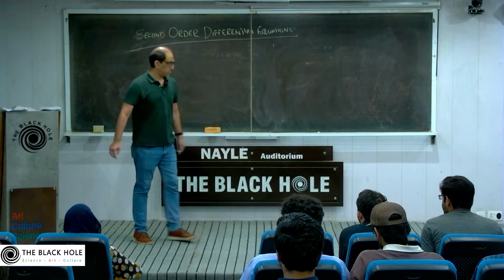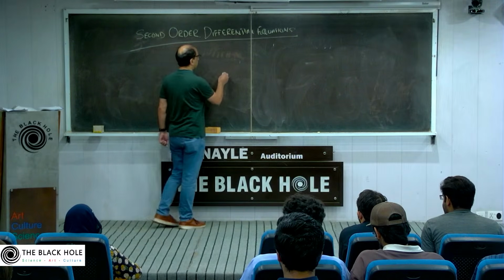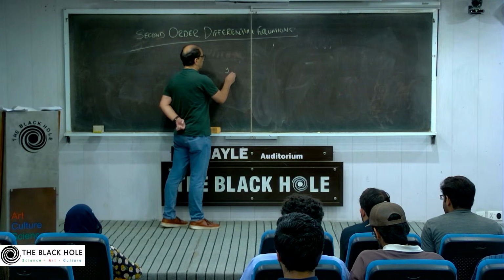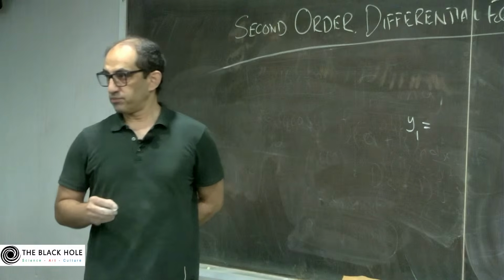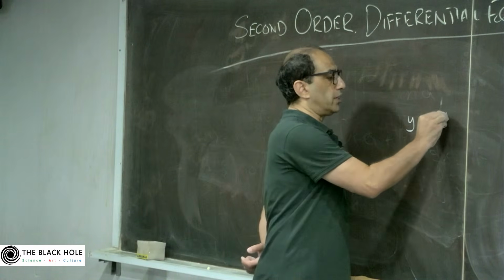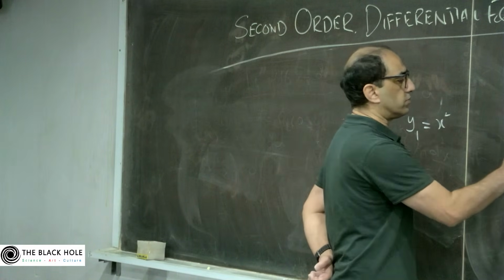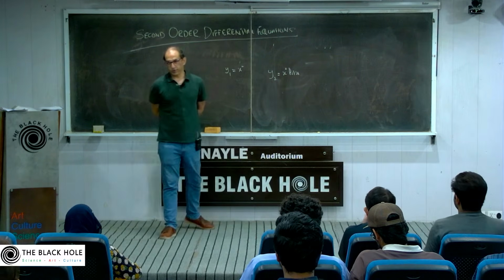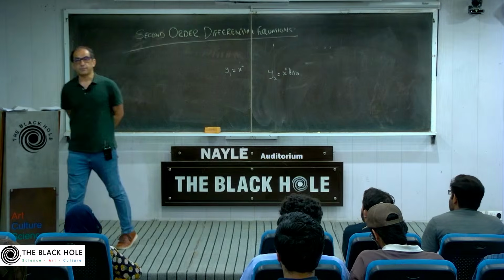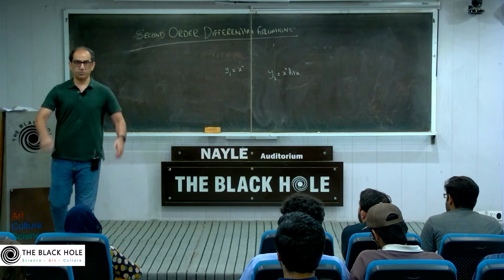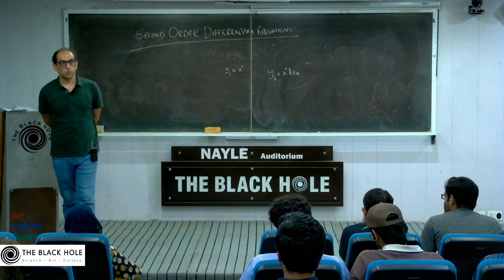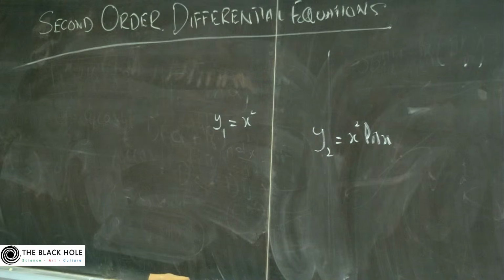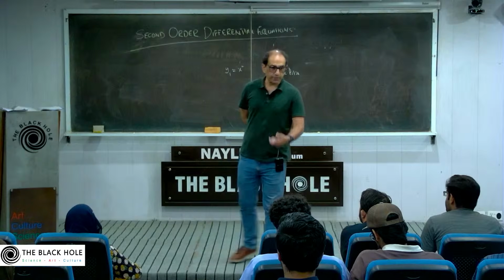Let's say there is a second order differential equation which has a solution x squared, and another solution which is x squared log of x. Let's say these are the two solutions of a particular differential equation. If you apply the superposition principle, what is the other statement that you can make?